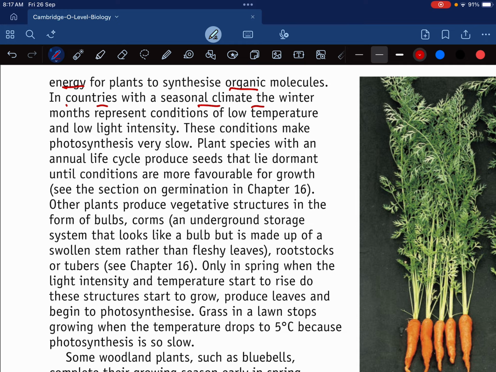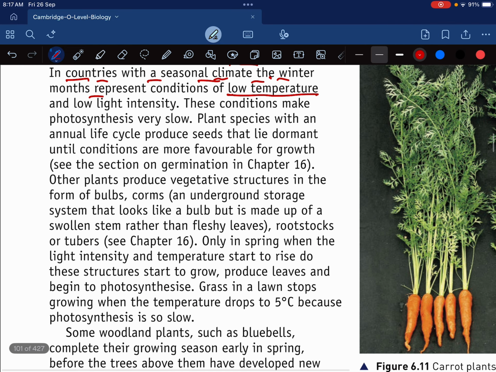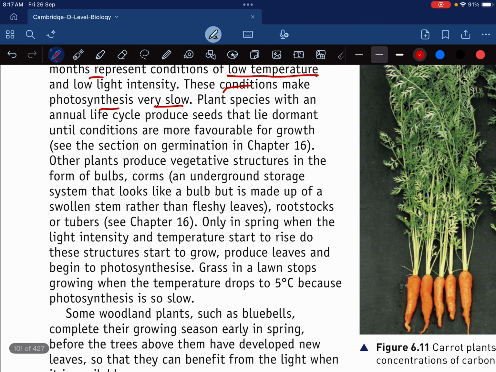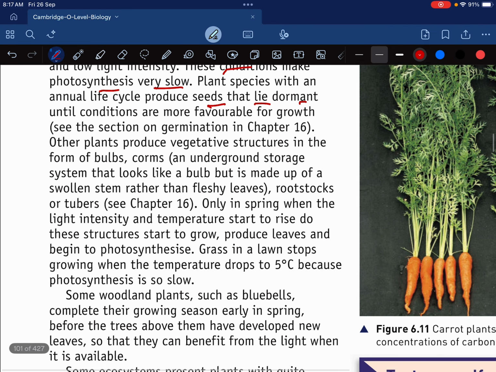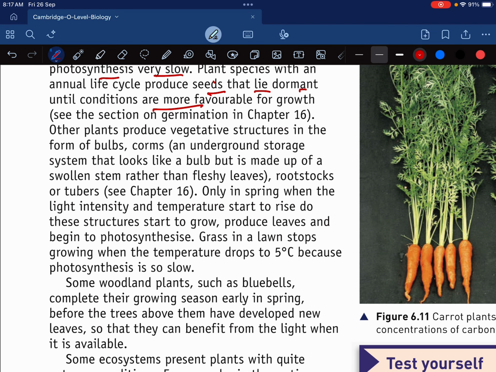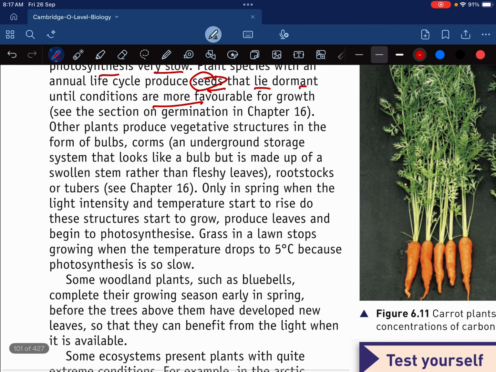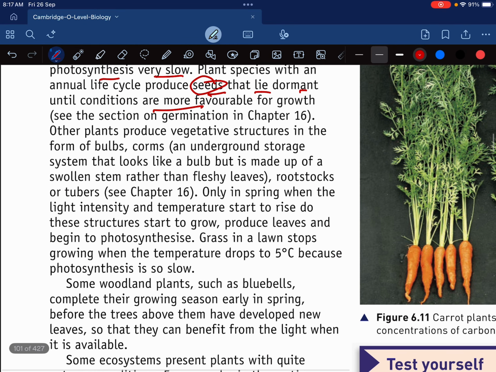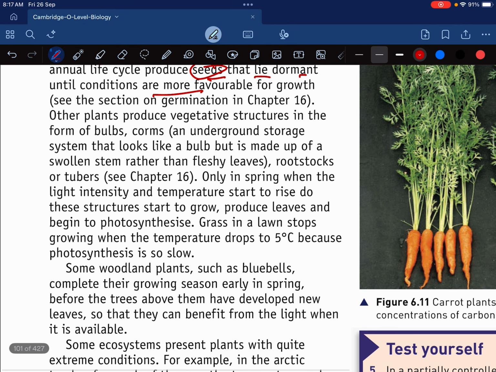Energy for the plants. In countries with a seasonal climate, the winter months represent conditions of low temperature and low light intensity. These conditions make photosynthesis very slow, of course. Plant species with an annual life cycle produce seeds that lie dormant until conditions are more favorable. Matlab, these seeds do not grow into plants until conditions are good, like there's sunlight or there's high temperature.